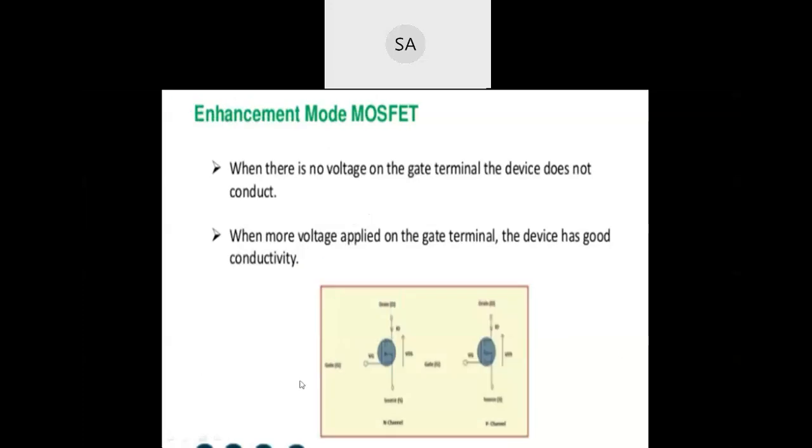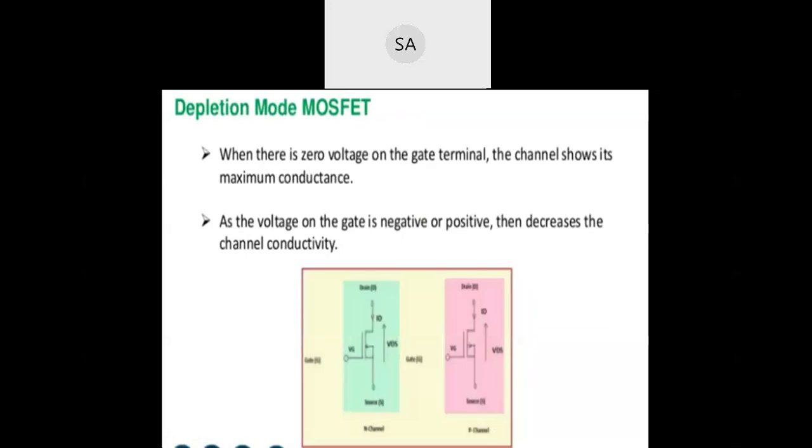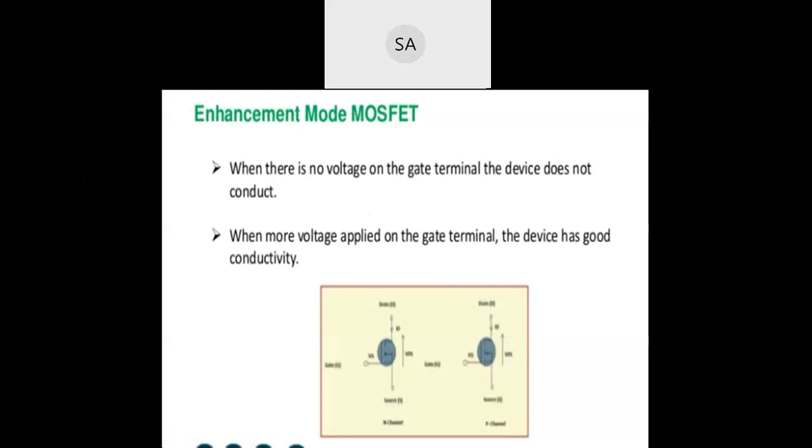Enhancement mode MOSFET, these are the symbols of N channel and P channel. When there is no voltage on the gate terminal, the device does not conduct. That is the difference between the enhancement mode and depletion mode. In the depletion mode, when there is no voltage, the channel shows the maximum conductance, whereas in the enhancement mode, it does not conduct.